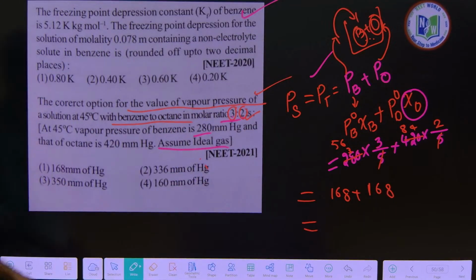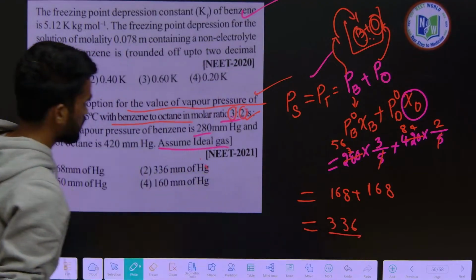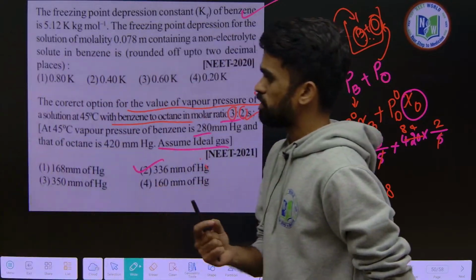As per the options, we have 336. So 336 mm of Hg, that is option number 2, will be the perfect answer for the question.